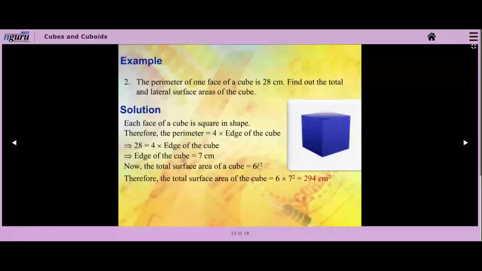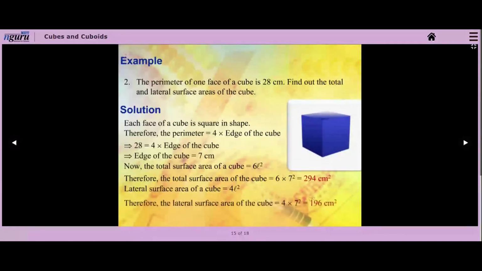Substituting the value of the edge as 7 centimeters, we get the total surface area equal to 294 square centimeters. The lateral surface area of a cube is 4L square. Substituting the value of the edge as 7 centimeters, we get the lateral surface area equal to 196 square centimeters.